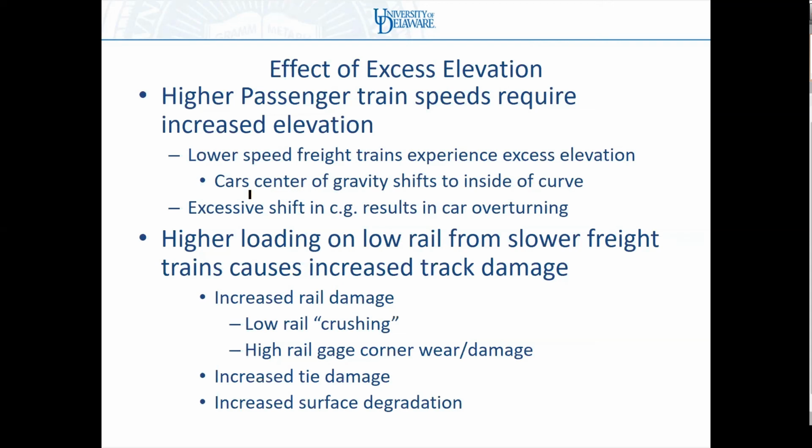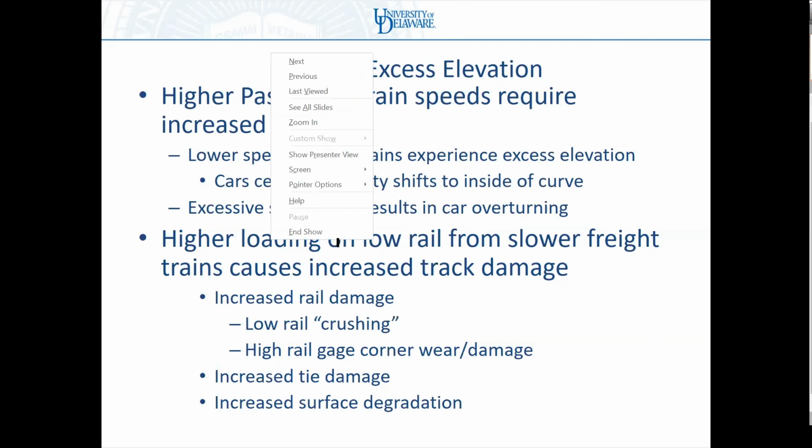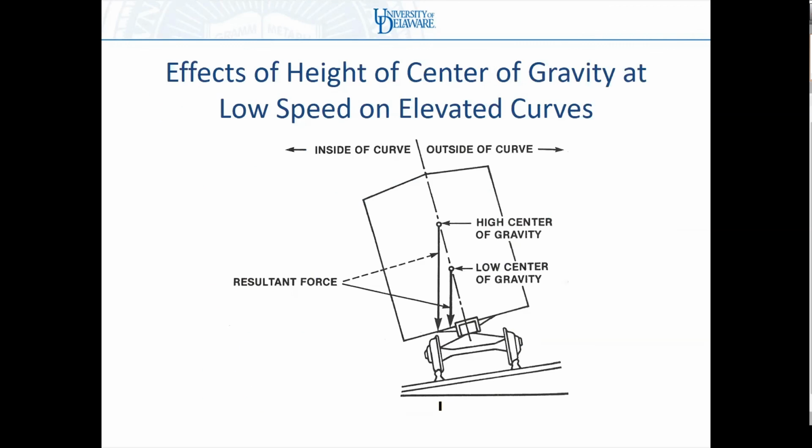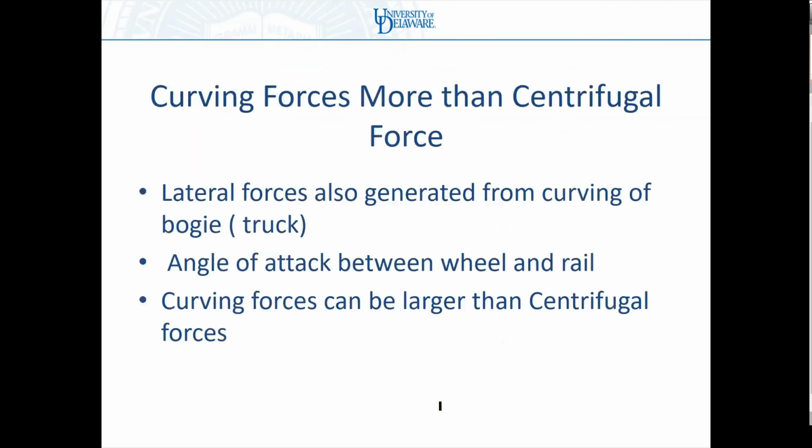So if you have passenger and freight on the same track, and passenger is the dominant traffic on a piece of track, and I elevate the track for passenger, then my lower speed freight is going to generate higher forces on the low rail, which is going to cause increased track damage, including low rail crushing, tie damage, track geometry degradation, etc. And we've gone through that.